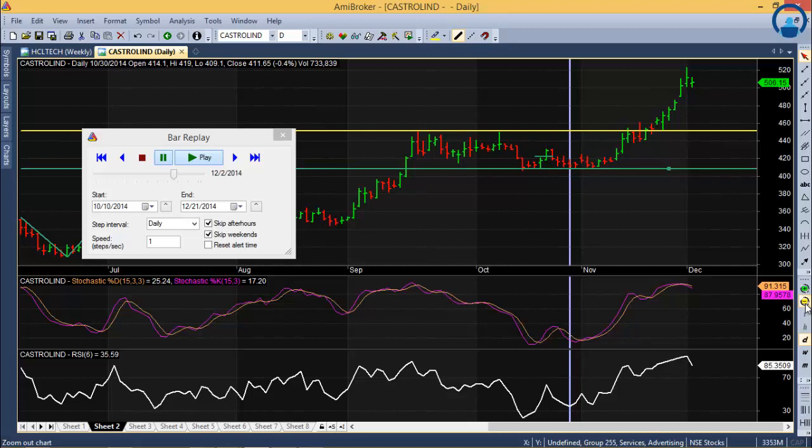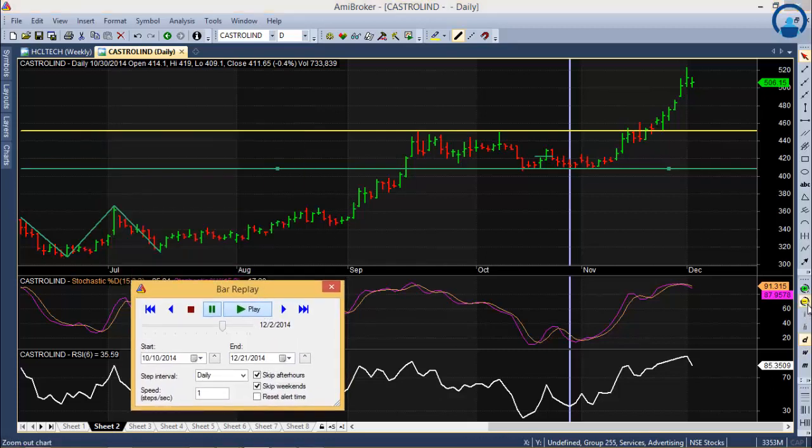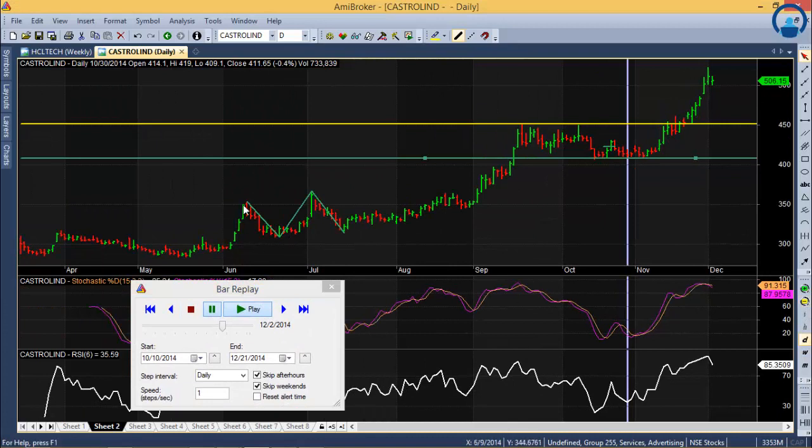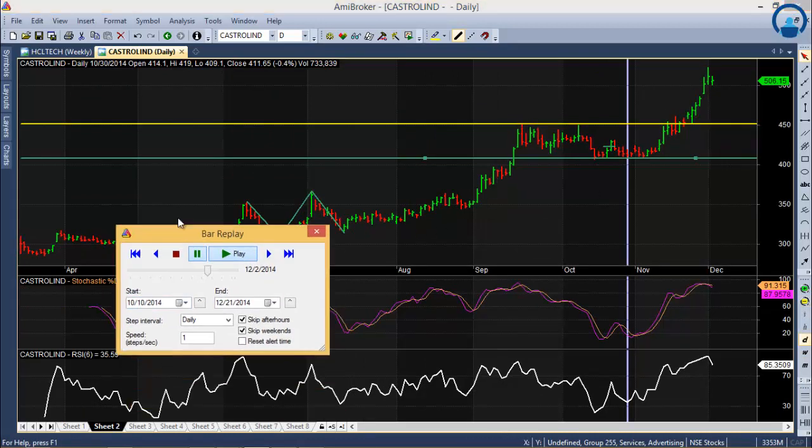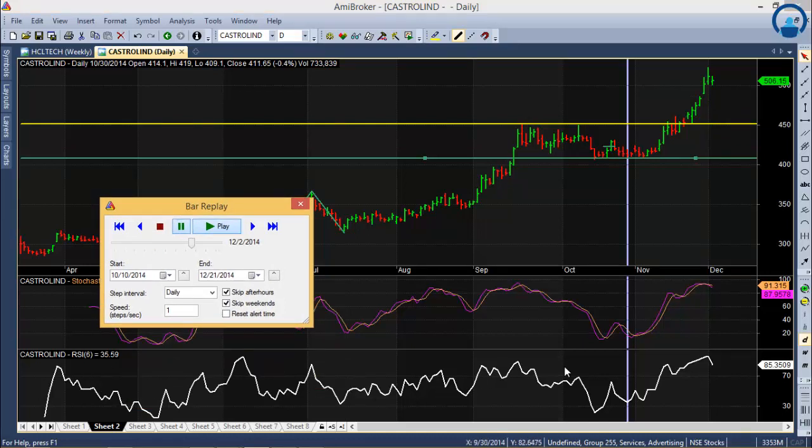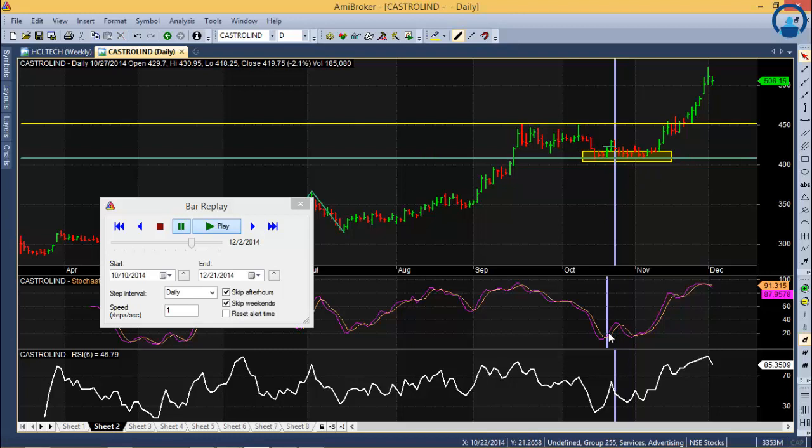Alright, so we used three things to enter the trade. First, we analyzed the overall trend, which suggested that this stock is in an uptrend. Next, we used RSI to find oversold conditions, which were presented at these price levels, and then we used stochastic to find an entry into the market.